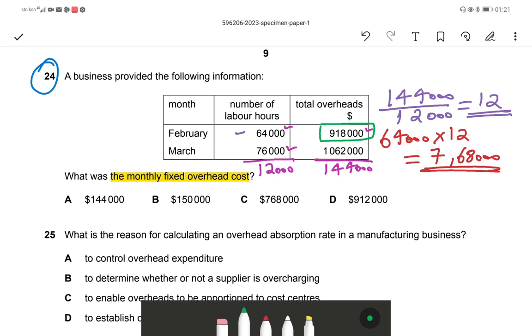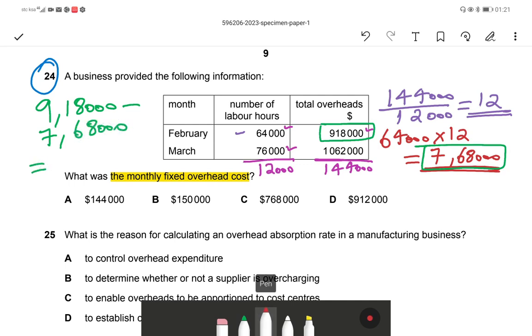Fixed overhead is 918,000 minus 768,000, the variable overhead, which is equal to 150,000. So the correct answer is option B.